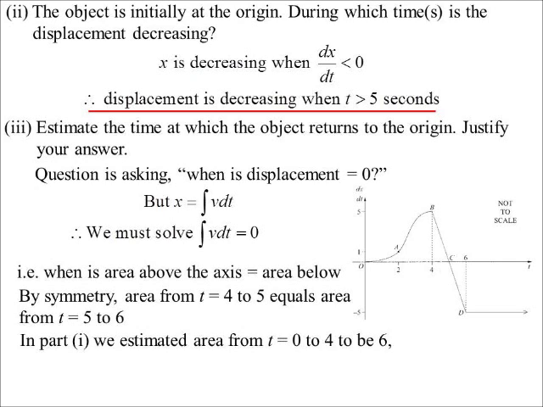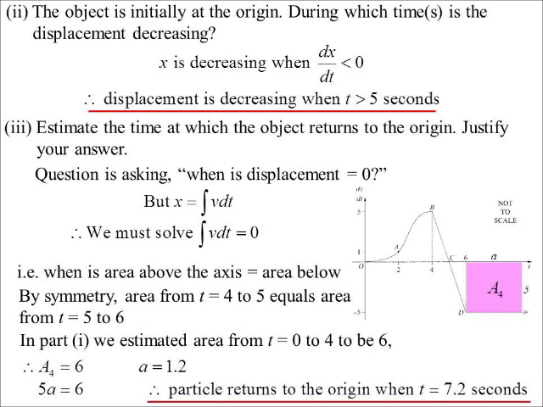So, we have to work out area 4, I've called it. I know area 4 has to equal 6. But I know it's 5 one side. What could A be? Oh, 5 times A would work out a rectangle. So exactly 1.2. But that's after 6. So 7.2 seconds. We'll add that onto the 6. We'll get 7.2 seconds.